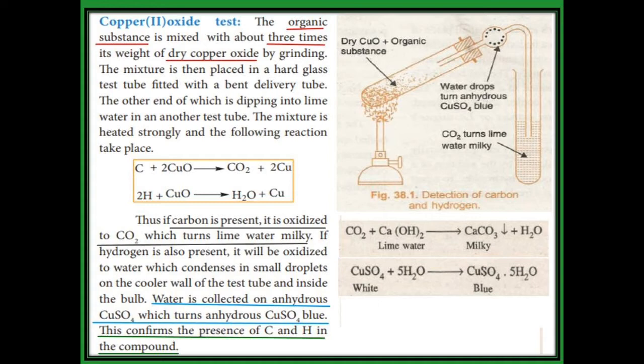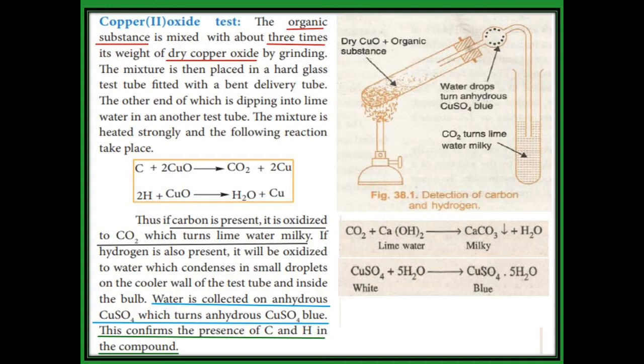After heating, we will see that the bulb containing anhydrous copper sulfate turns blue. Anhydrous copper sulfate color is white. After the reaction, the anhydrous copper sulfate turns blue, and then the lime water turns milky. Why does this happen?